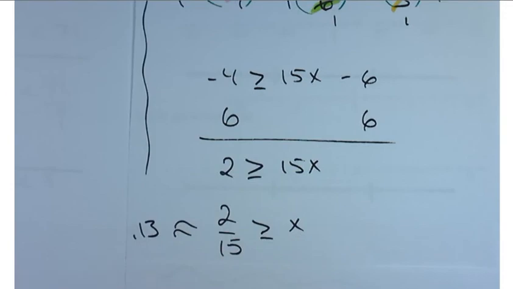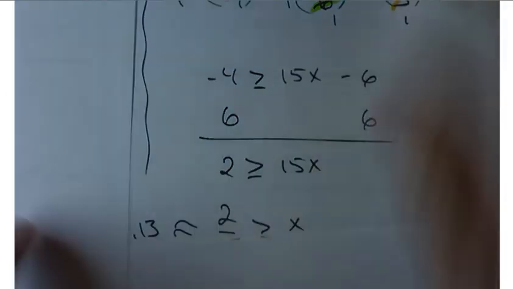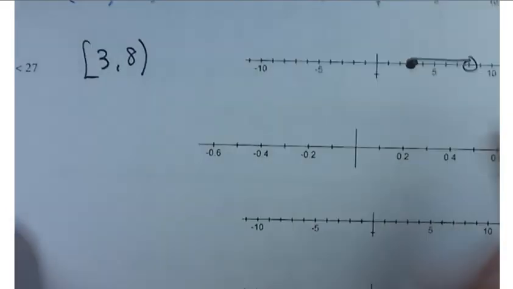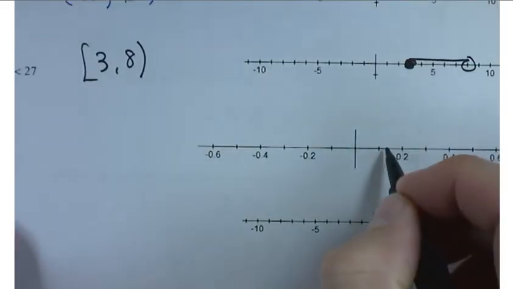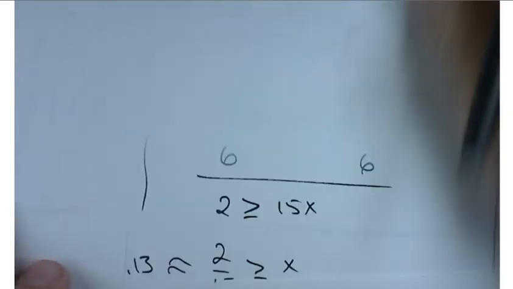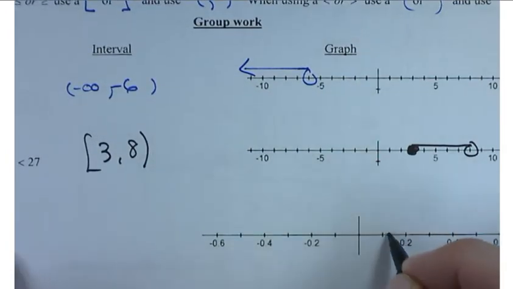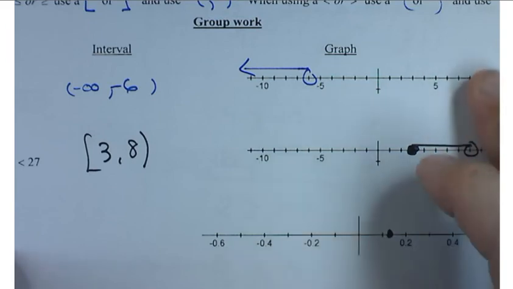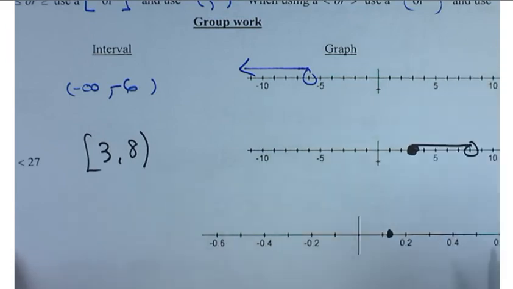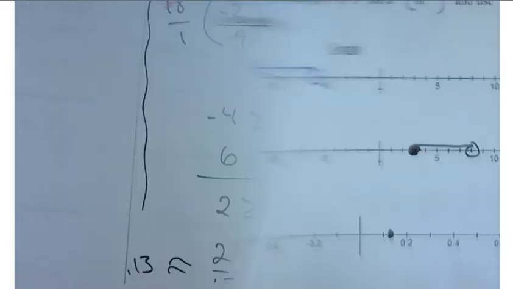Let's see if we can figure out what the graph is going to look like. So 0.133, somewhere around here. That's going to be a solid dot because this is greater than or equal to. Is it going to be to the right or to the left? Let's take a peek back.